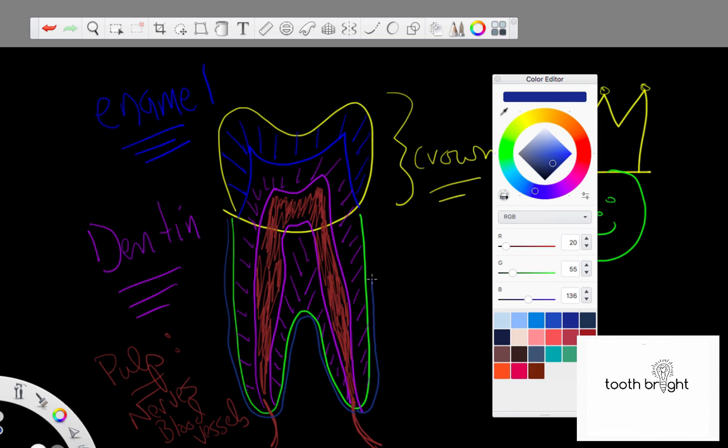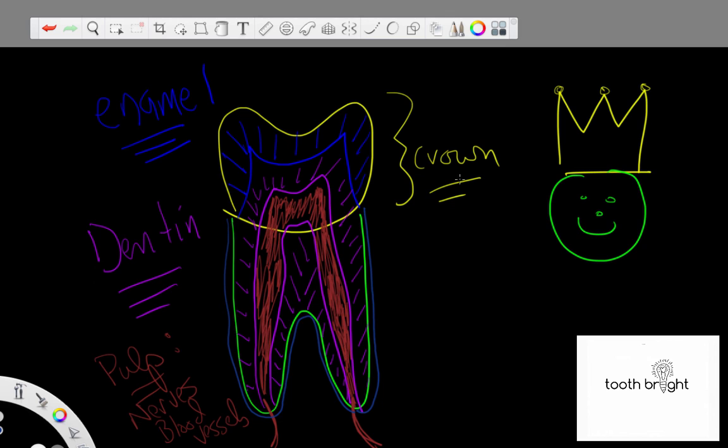Okay, and that goes all the way around the root. That's the protective layer of the root. It's very important if there's ever trauma to the tooth. That's where the cementum comes into play. The cementum wants to protect the tooth. You don't want damage to the cementum during trauma. Okay, but that's the thin protective layer that goes around the root. And the root, of course, I didn't label it here, but that was the green right here, the root.